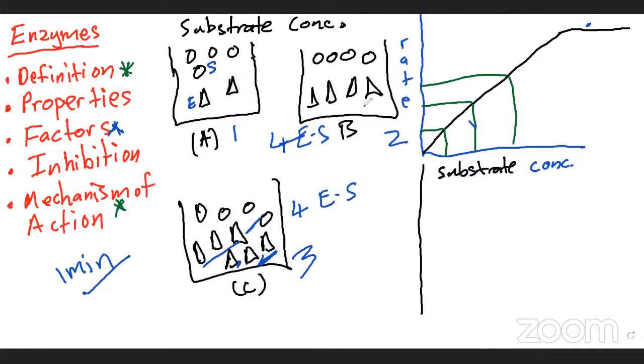Remember, you see these lines here, the vertical or sloping line, it means that the reaction is still going on. You have more occupied enzymes, so the rate will increase. But once you get here, the enzyme active sites are occupied. All right, so let me put that in words now and move on to the next two factors.